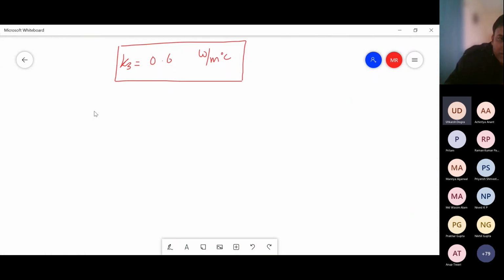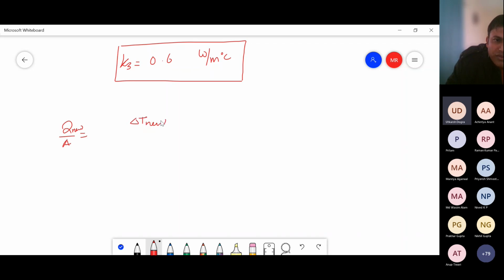We will have this equation. Q by A, this new Q by A will be given as delta T new divided by R1 plus R2 plus R3.